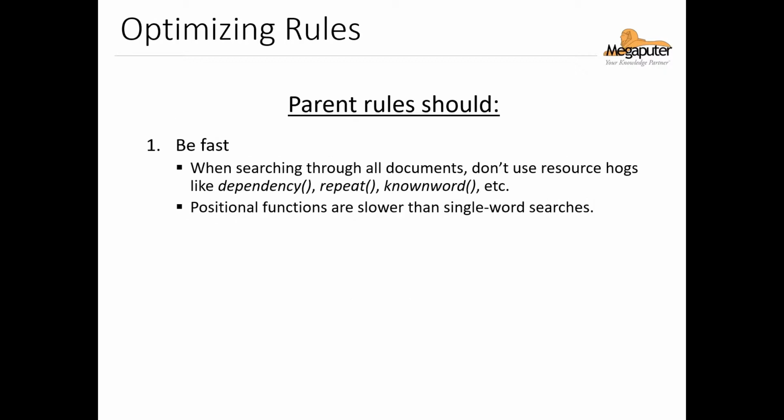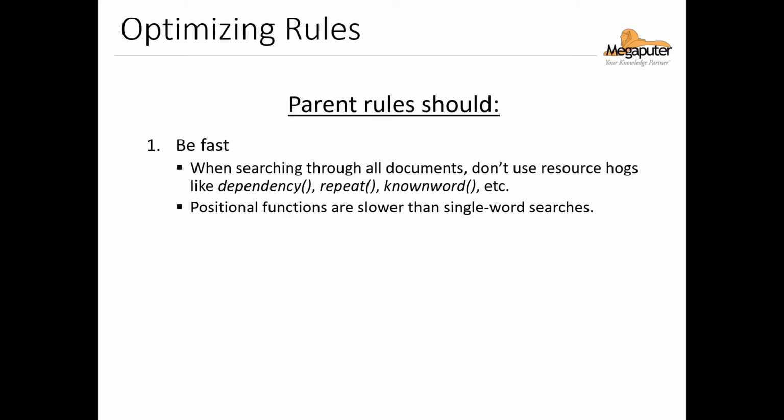Now, for the most efficient rules possible, there are a few principles you should follow. First, you should try to make sure the parent rules are fast. What we mean by this is that we should avoid having our parent rules contain functions that hog computing resources.